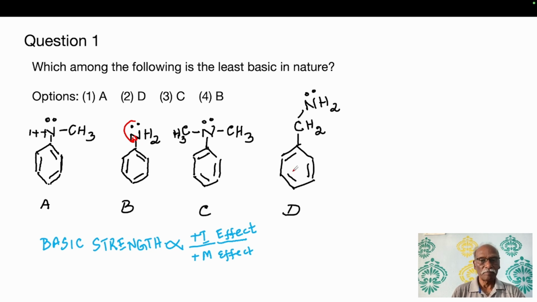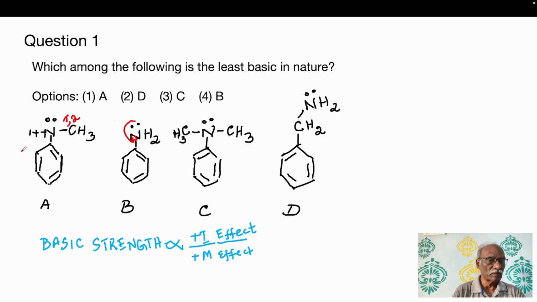Okay, now we compare these 4 compounds. First, N-methyl aniline. In N-methyl aniline, the plus I effect is there due to the presence of the methyl group, and due to the presence of the phenyl group, the electron pair is drawn.